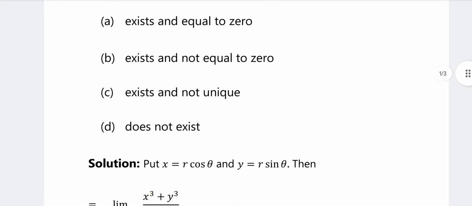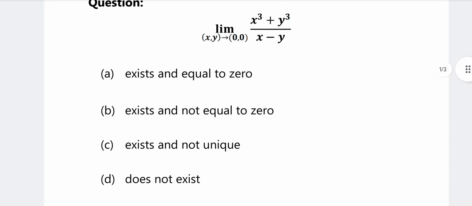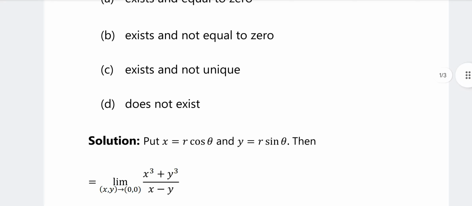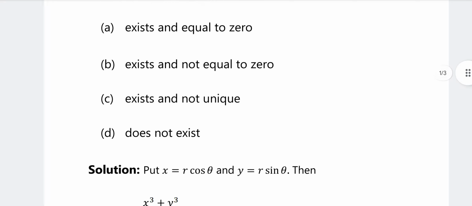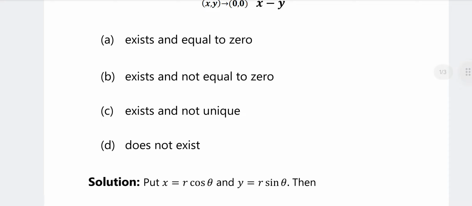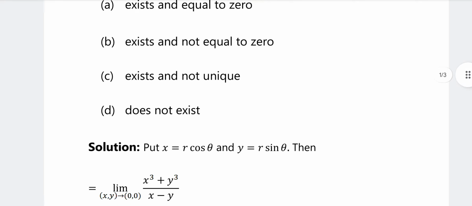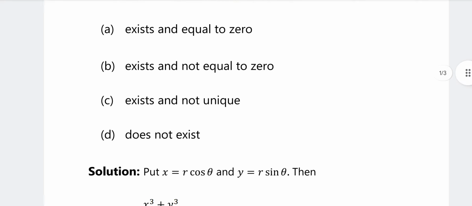We know that every point in R2 space can be written in polar form: x is equal to r cos theta and y is equal to r sin theta, where theta varies from 0 to 2 pi and r is the positive length joining that point to the origin, the magnitude of that vector from the origin.